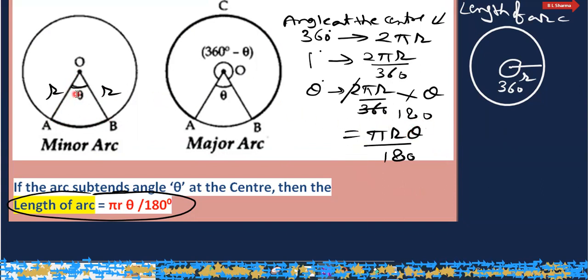Theta is the angle at the center, r is the radius of the circle. So this is a very important and easy formula. Length of the arc of the circle is pi r theta upon 180 degree. Again, I am repeating, r is the radius of the circle and theta is the angle at the center, which the arc makes at the center of the circle, that is theta degree.